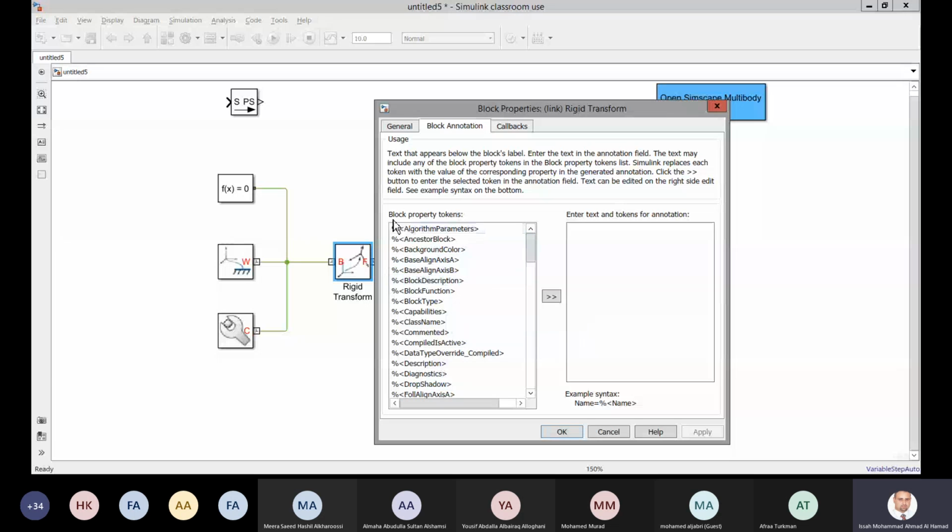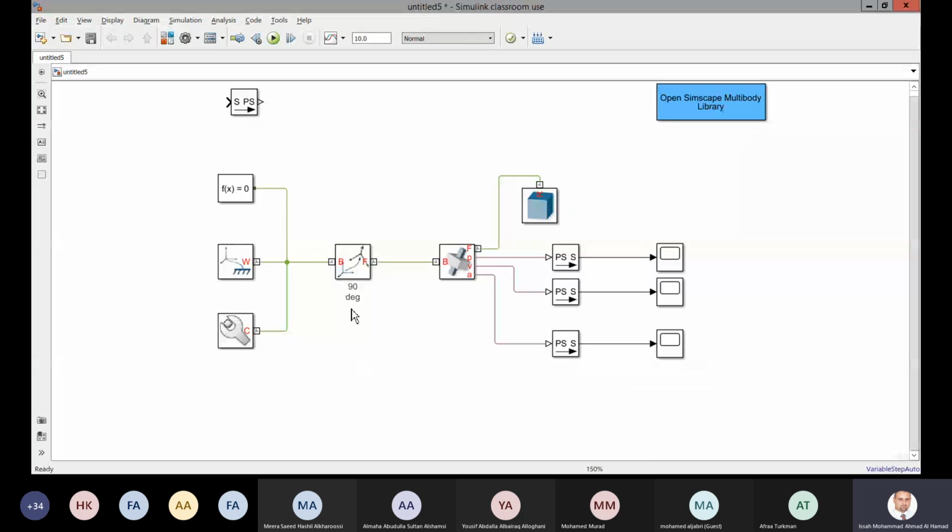So these are the block properties tokens. So we can go to, for example, rotation angle. We can take it here and rotation angle unit. Okay, and we can hit apply. Okay, so now it mentions that it is 90 degrees.